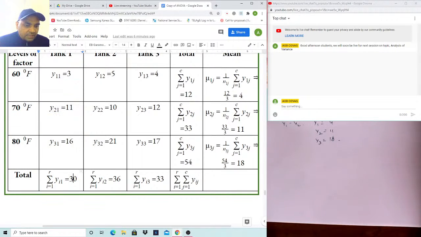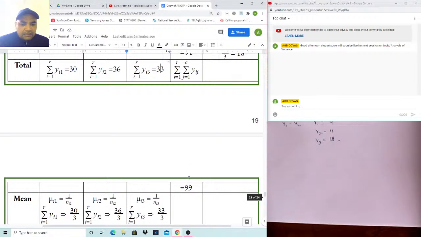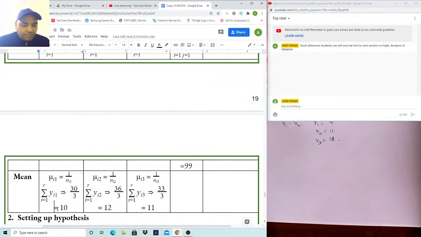So for column 1 this will be 30, for column 2 this will be 36, for column 3 it will be 33. And of course the total will be 99, and we will also be finding the mean of the three columns, that is, at the three salinity levels. The first one was 10, another was 12, and the third one was 11.